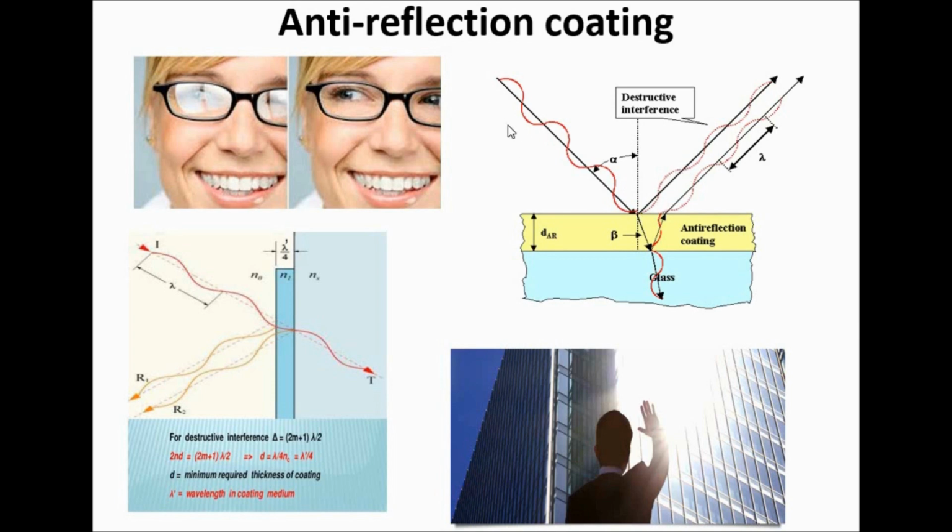Let's assume another wave is incident here and going to there, and then it will be reflected. Now if you look at this reflection and this reflection, they are completely opposite. So this is positive and this is negative. These two waves are 100% out of phase. One is coming from here, and another wave is coming here and reflected in this way. So these two waves will be cancelled out. One wave is reflected from this surface and another wave is reflected from the glass surface.